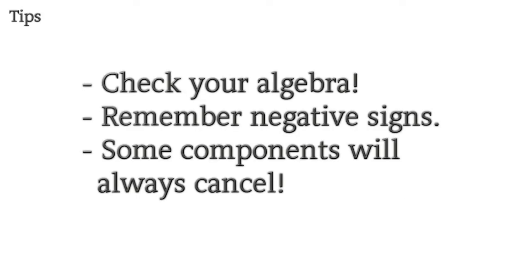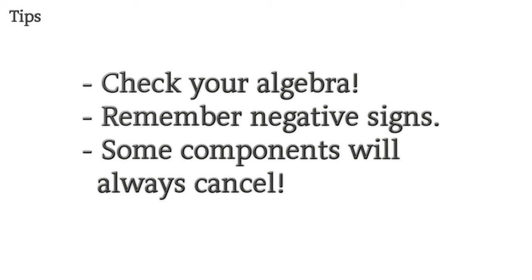For tips, I would highly recommend you check your algebra over and over again, because it's fairly easy to make a mistake there. Also remember your negative signs, because if you add something rather than subtracting, things might not end up cancelling.